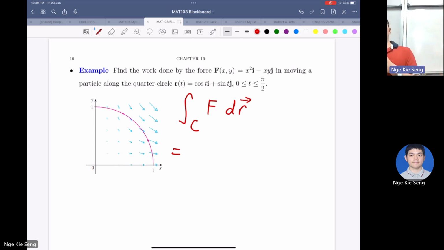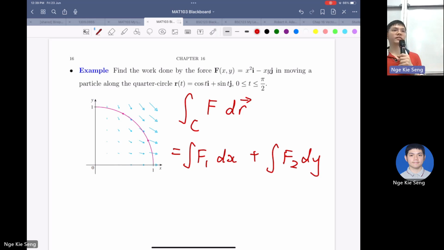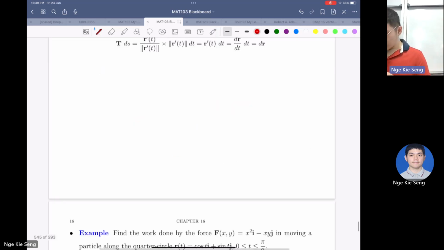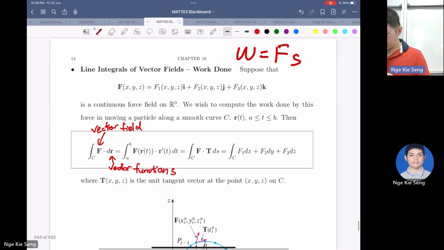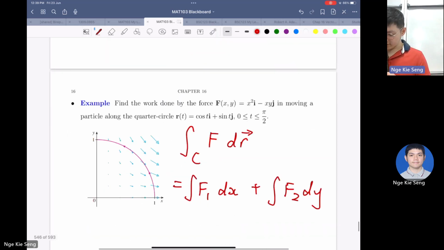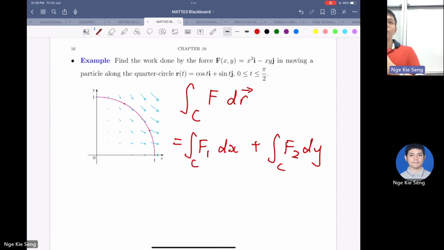Let's try the final answer first. What's the final answer? The final thing you use is the integral of f1 dx plus the integral of f2 dy, over C. So maybe we try two ways: we try the original way and we try this main result.